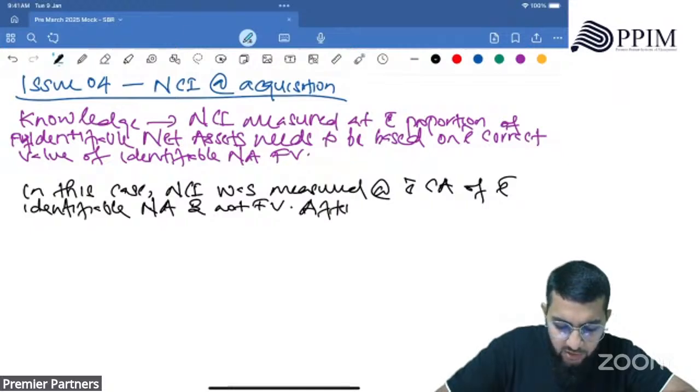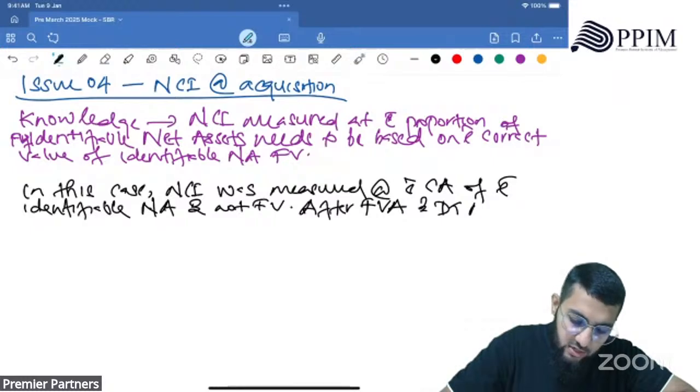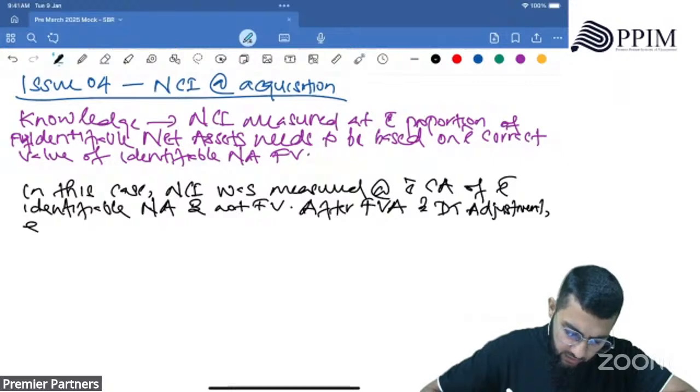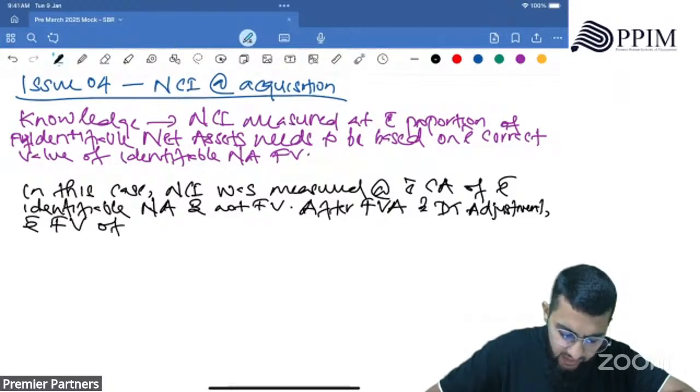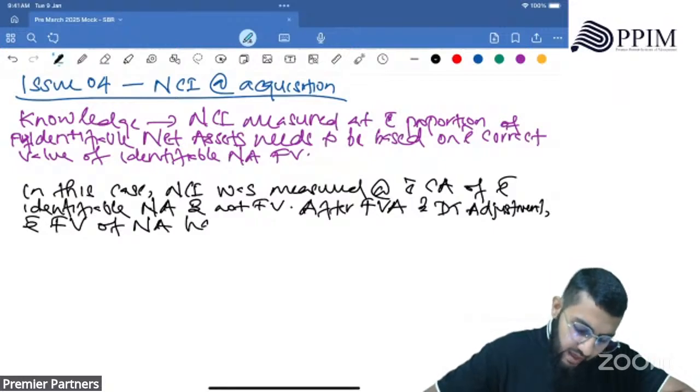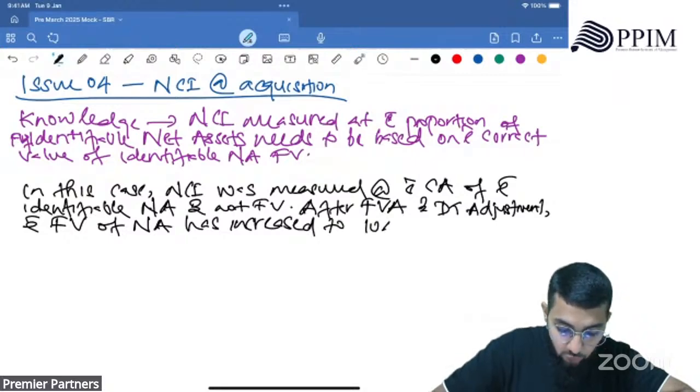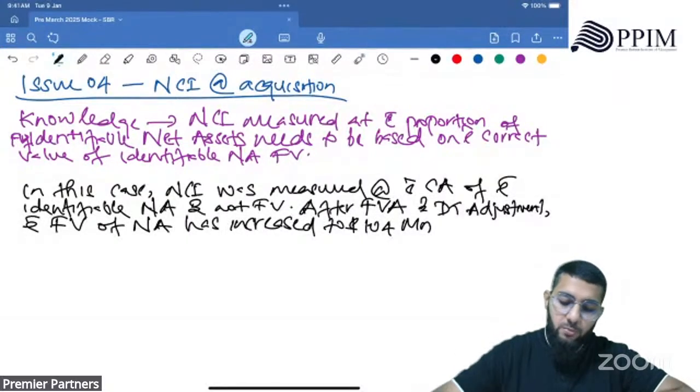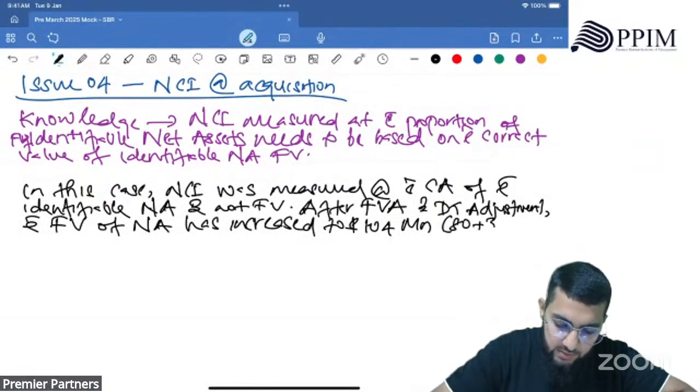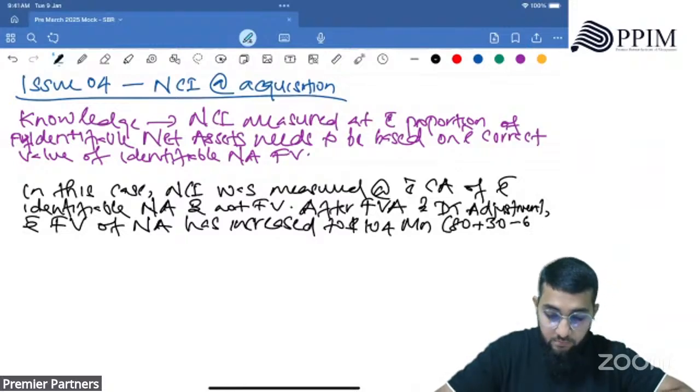After fair value adjustment and deferred tax adjustment, the fair value of NCI, fair value of net assets, has increased to $104 million. Okay, $104 million. How? 80 plus 30 minus 6. $104 million.